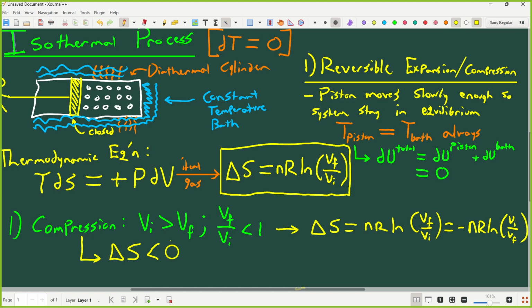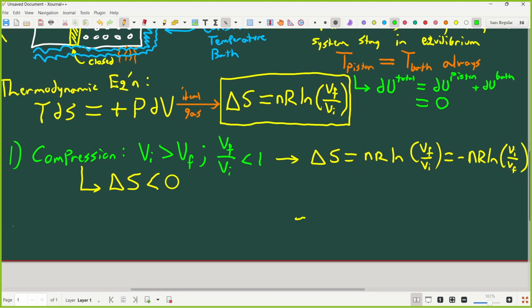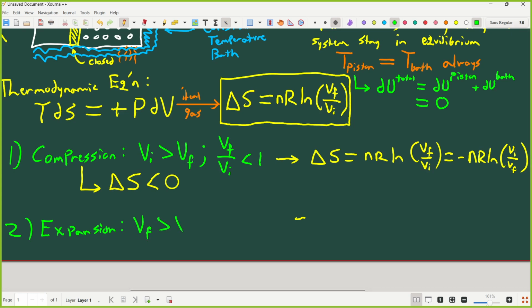Likewise, if we do it the other way, expansion, and again, I'm not going to go through the math here because it's just the opposite. Now V_F is greater than V_I, and this, of course, means that the entropy change is greater than 0.